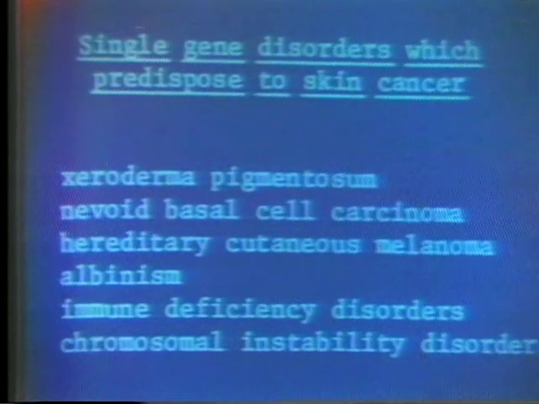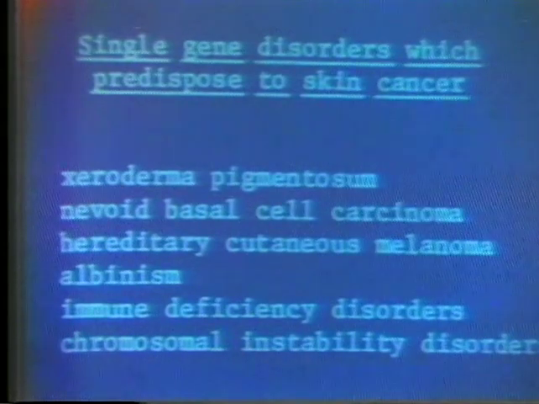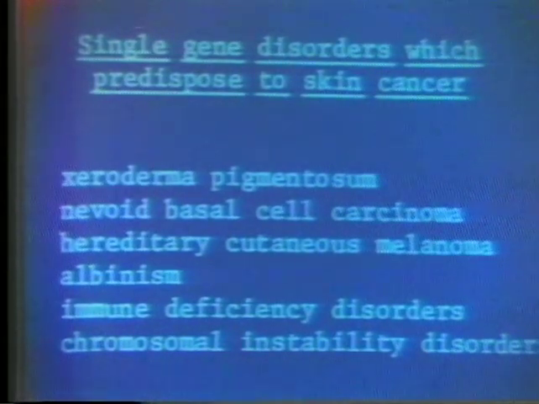While among the Caucasian individuals, they develop an increased number of skin cancers, and the distribution of the skin cancers is very interesting. It's primarily in sun-exposed areas, and if the individual is subjected to other environmental carcinogens such as radiation, you can see an outline of the pattern of radiation formed by new skin tumors in the irradiated areas.